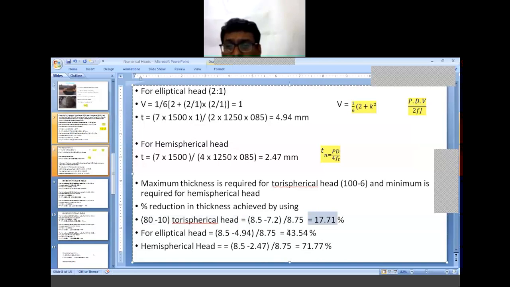Then for the elliptical head, percentage reduction is 43%. For the hemispherical head, percentage reduction is 71%. So you can do the variation based on all these different considerations. Comparing these values, the cost of fabrication also has to be kept in mind for the hemispherical head, even though its percentage cost saving will be there.